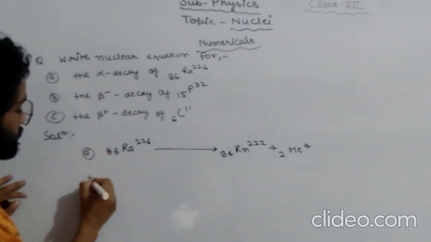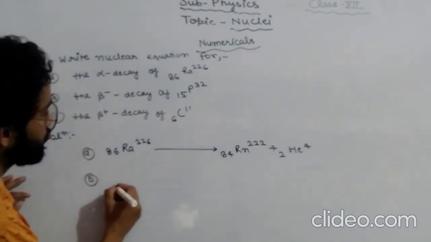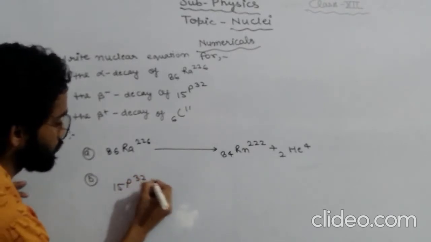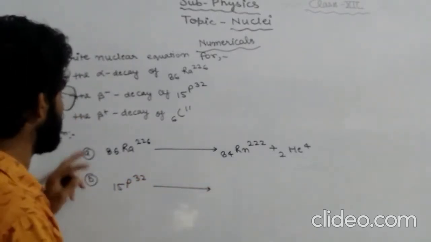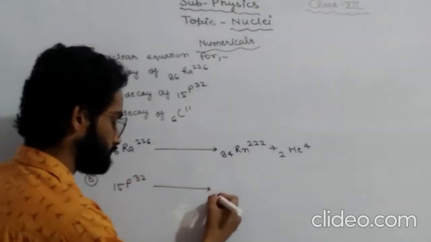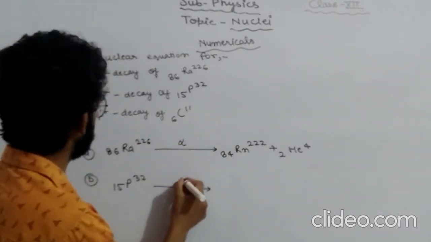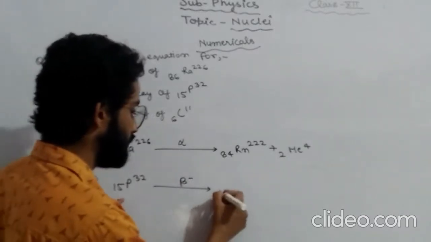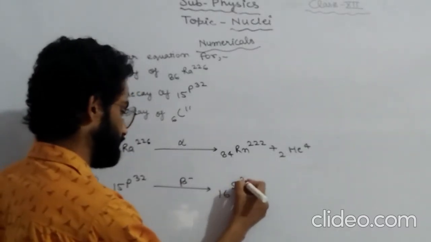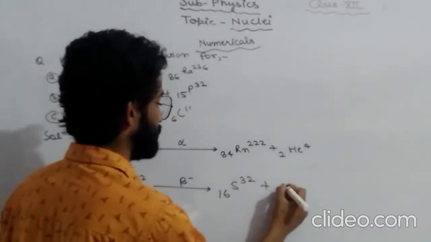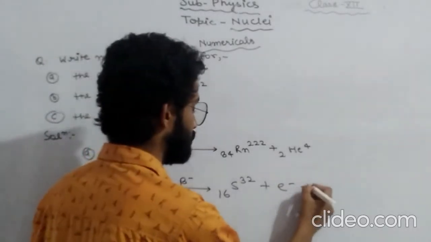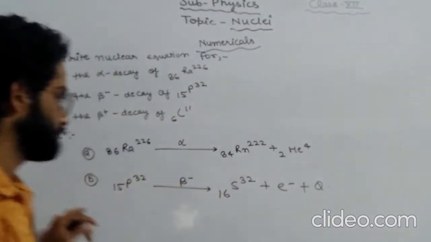In another one, if you are writing for 15P32, then what we have to take out? We have to take out one beta negative decay. Here alpha, here beta negative. Then here 16S32 plus electron negative plus energy.